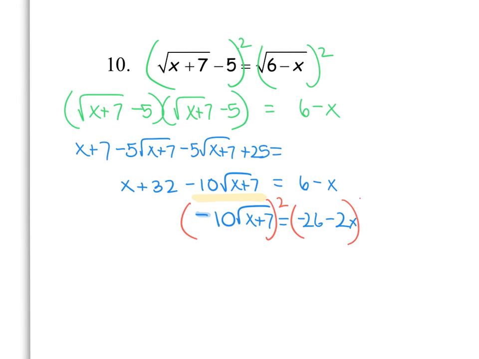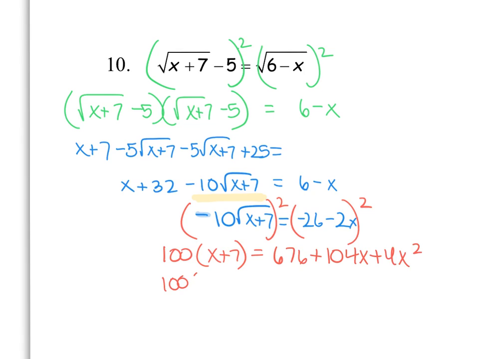You are going to have to FOIL on the right. Over here, negative 10 squared is 100. So you can see here that you do have a quadratic. So we are going to want to set this equal to 0 and factor.